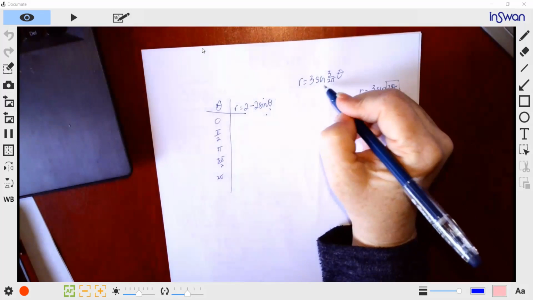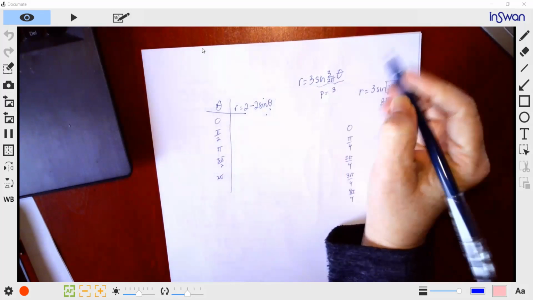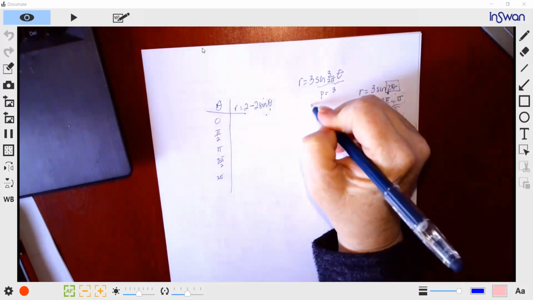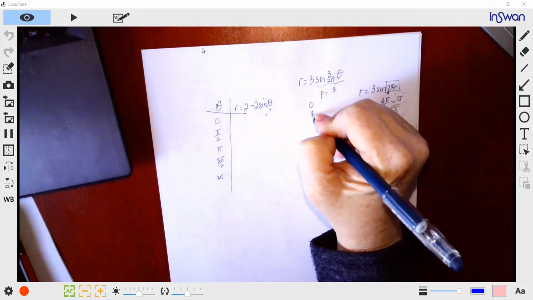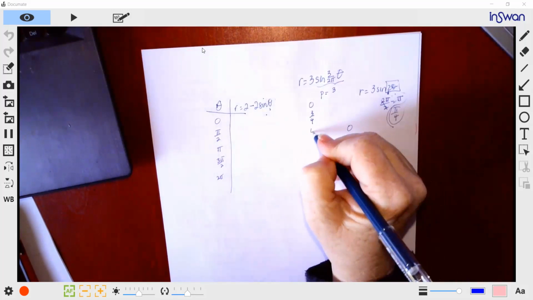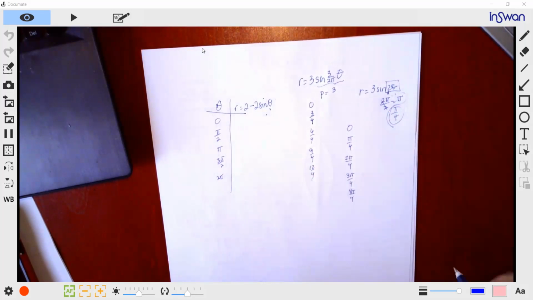Then the period there would be 3. And so quarter points of your period, you'd go 0, 1/4 of 3 is 3/4. So you go 0, 3/4, 6/4, 9/4, 12/4, and so on and so forth.